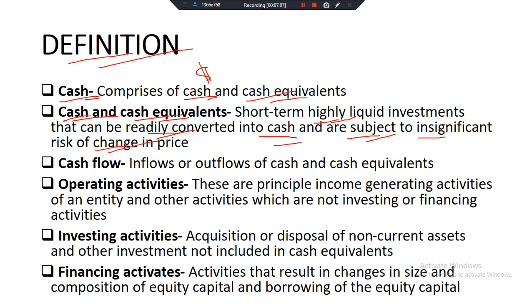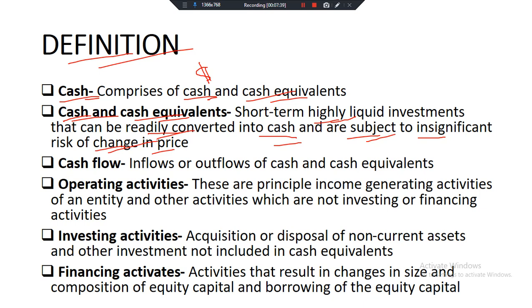So for example, cash equivalents can include an investment in treasury bills and government bonds. You can sell them off before their maturity, at any point in time where you feel you are lacking in finance.